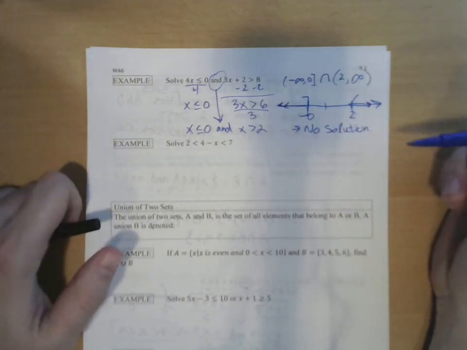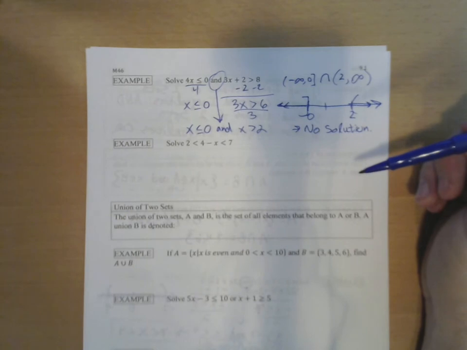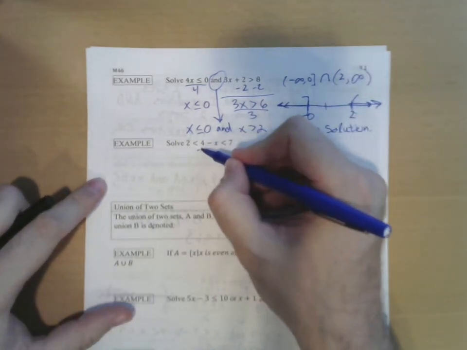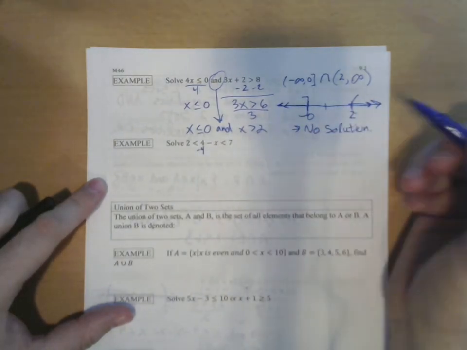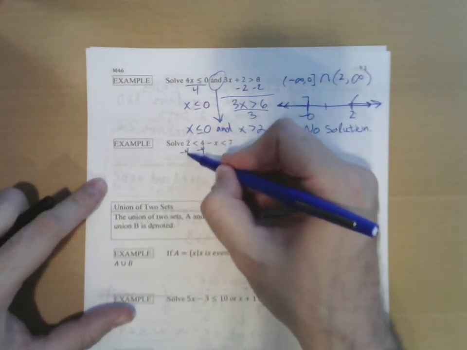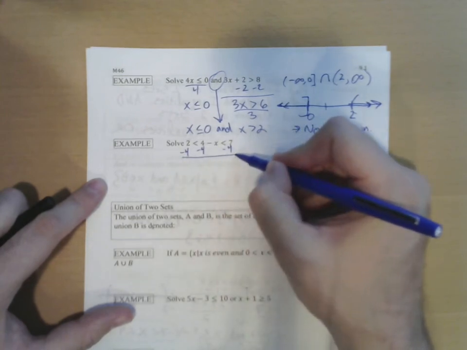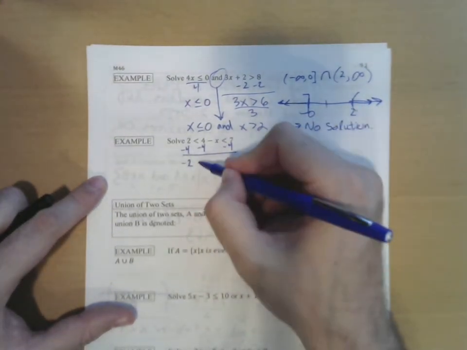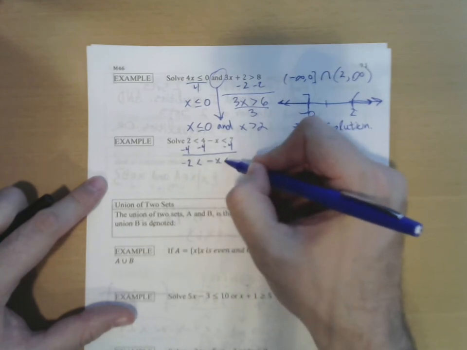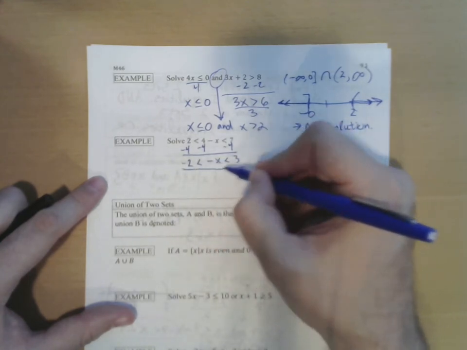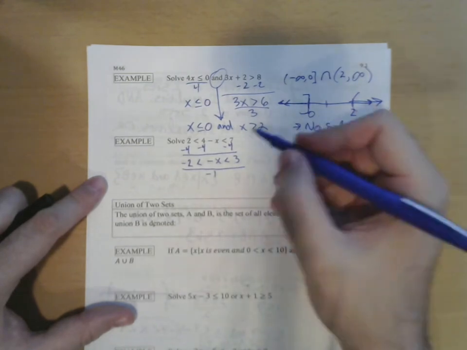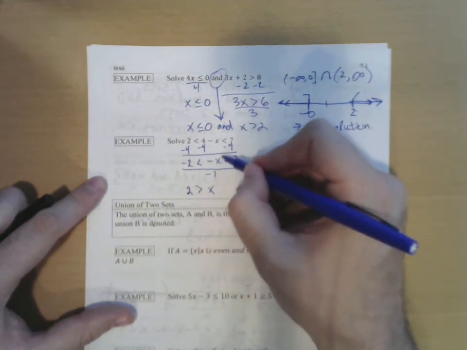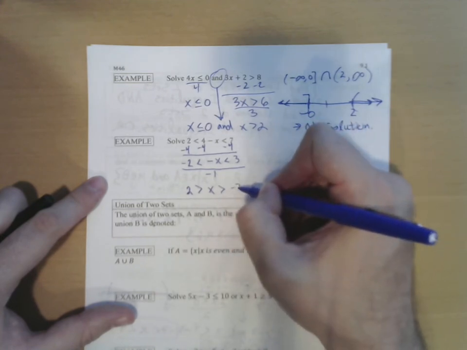Okay, for the last one, it's already in its compound form, or its shorthand compound form. So we've seen this back in chapter 2. If I subtract 4 and we have two inequality symbols, we subtract 4 from all 3 pieces. So this is negative 2 less than negative x less than 3. Then we divide the whole thing by negative 1. We get 2, flip this symbol to greater than, x, flip this symbol to greater than, negative 3.